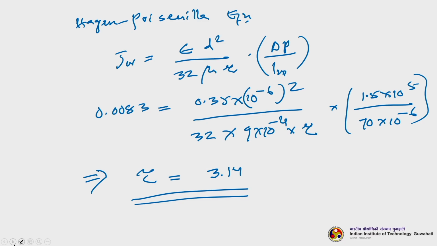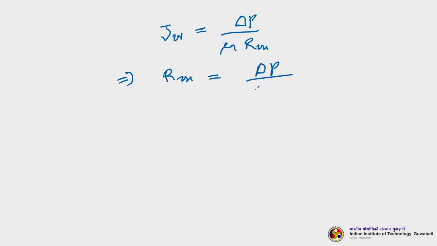Now, you have been asked to calculate the resistance to the flow. The resistance to the flow can be calculated from this equation: Jw equals delta P divided by mu Rm, where Rm is the resistance to flow offered by the membrane. So, from here we can write that Rm equals delta P by mu into Jw.